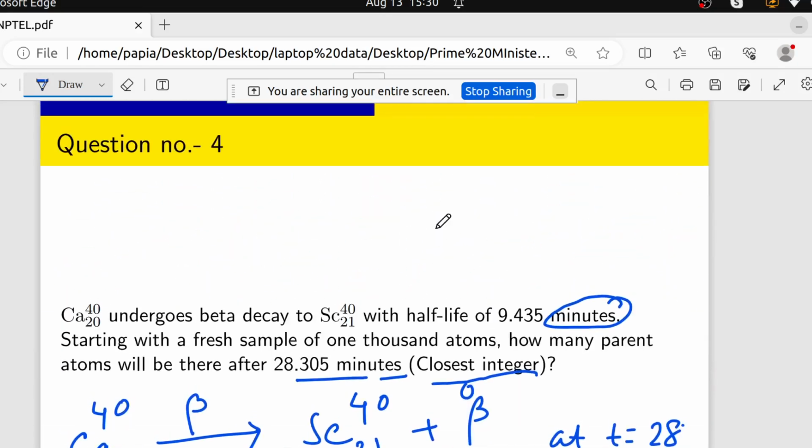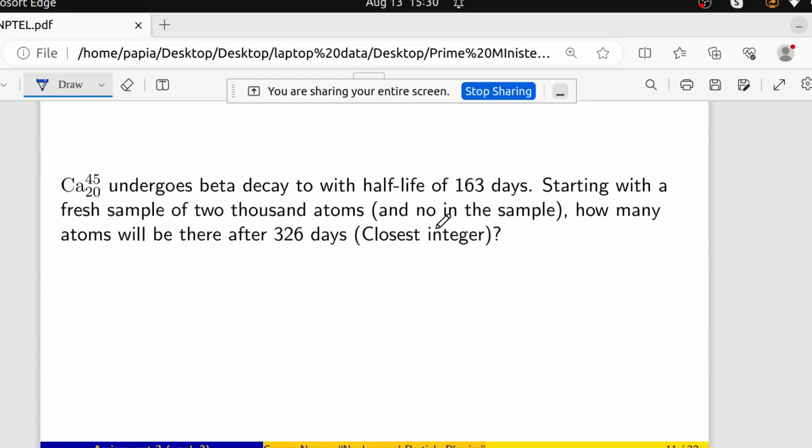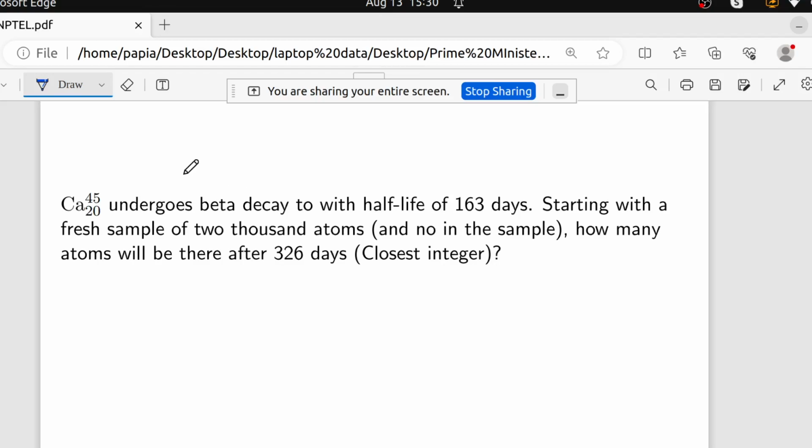Okay, I hope it's already understandable. The second question is very similar to that one. Let's do that one so that it will be clear very quickly. See, this is a very similar one: calcium undergoes beta decay with a half-life of 163 days, starting with a fresh sample of 2000 atoms. How many atoms will be there in the sample after 326 days, which is very similar to the previous one, right?